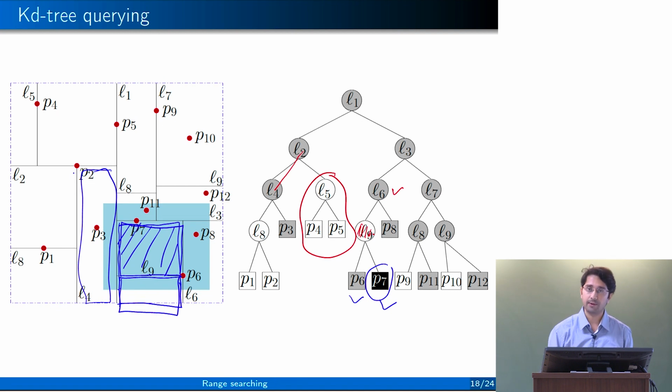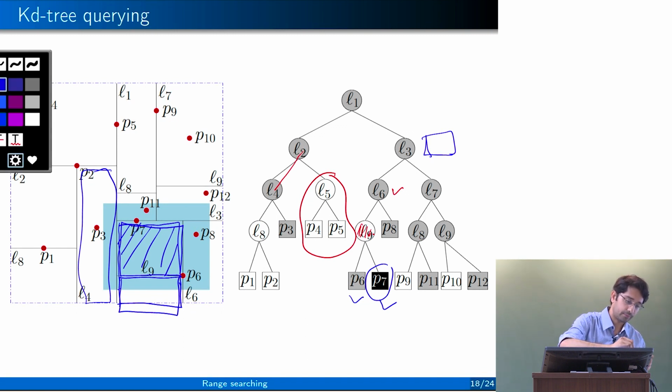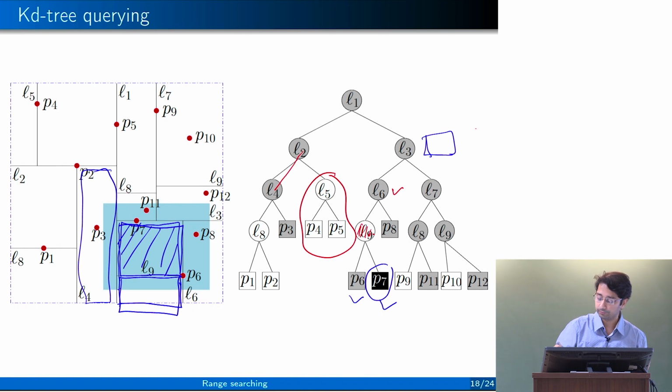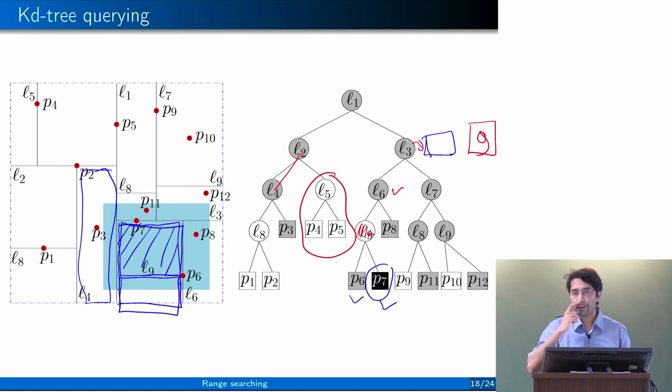What I am saying is that with this node there is a rectangle associated, and I have a query rectangle. This is the query rectangle, this is the rectangle associated with this node. I will go inside, and the first thing I will check is whether the query rectangle even intersects the rectangle stored at this node. If it does not intersect, I will do nothing, it becomes a white node.